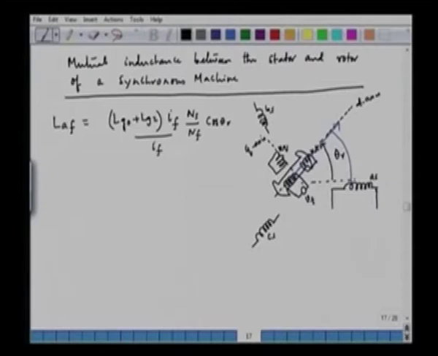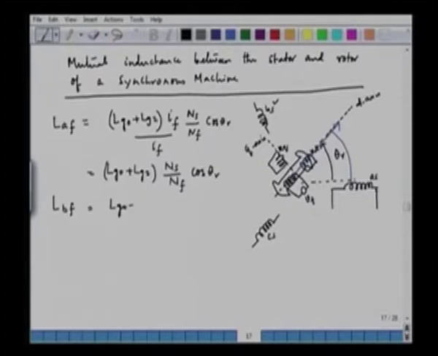So, this we can simplify, that is equal to Lg0 plus Lg2 into Ns by Nf into cos of theta r. Now, similarly, we can find out the inductance between phase B and the field winding. Phase B is here. So, we have something quite similar to this.